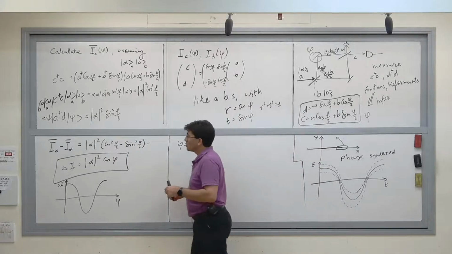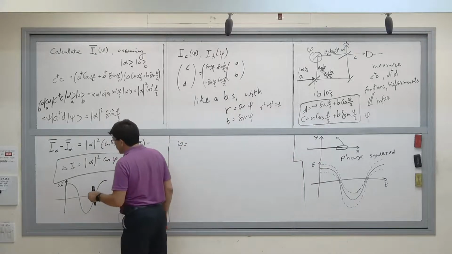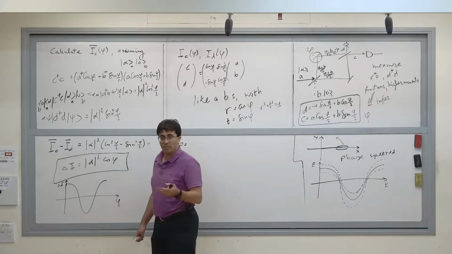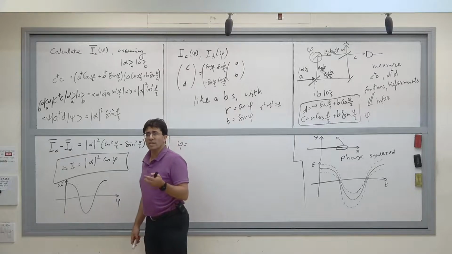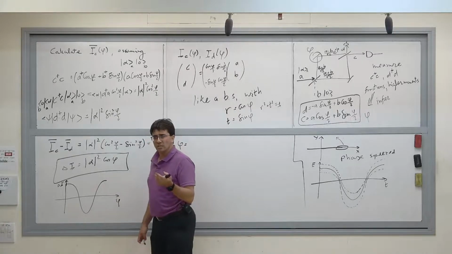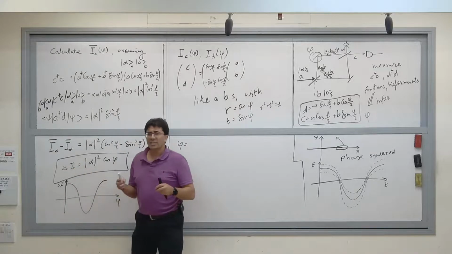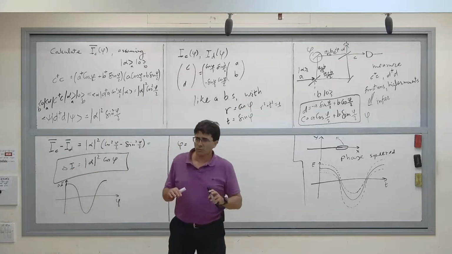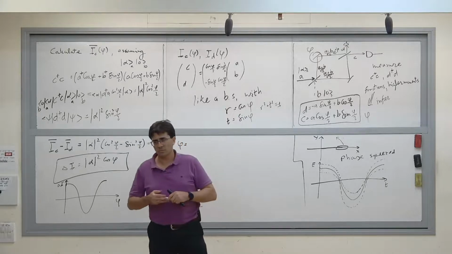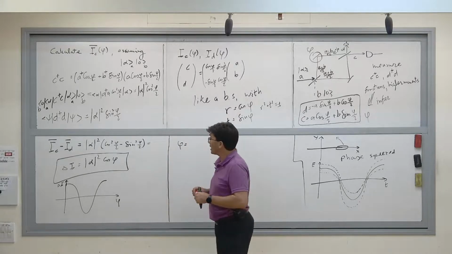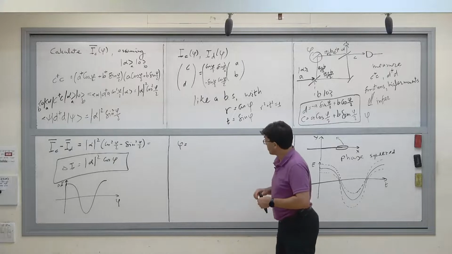Now, what if the experiment is not perfect, and there is some noise in the intensities? So that this intensity difference is noisy for some unknown reason. Now, it really is unknown. What do I mean?